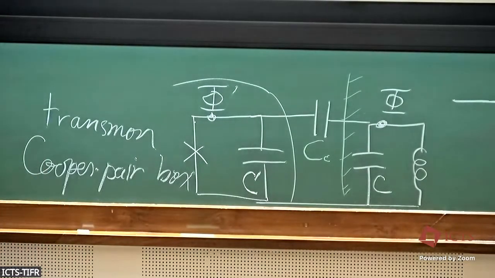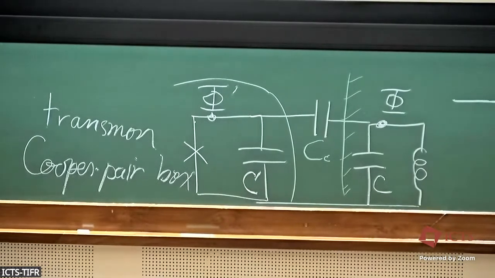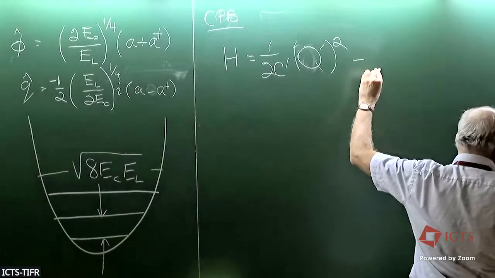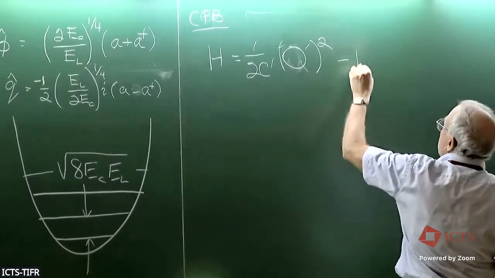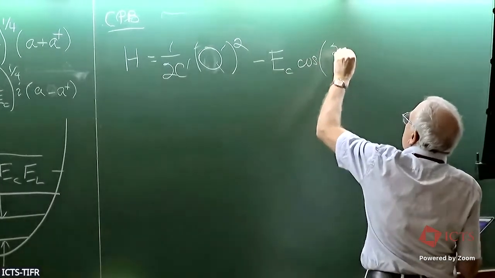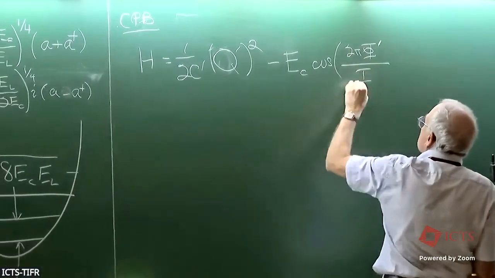So by writing these two pieces, I've got most of the answer already. Now the Hamiltonian has that kinetic energy, and as I emphasized last time, has this sinusoidal potential energy, E sub c cosine of 2 pi phi prime over phi naught.